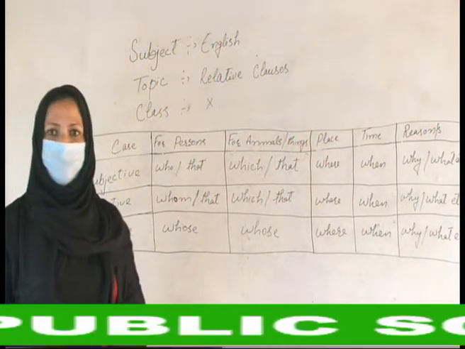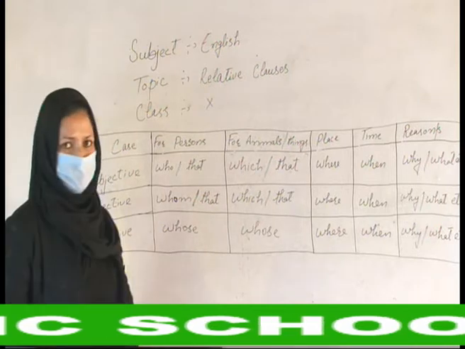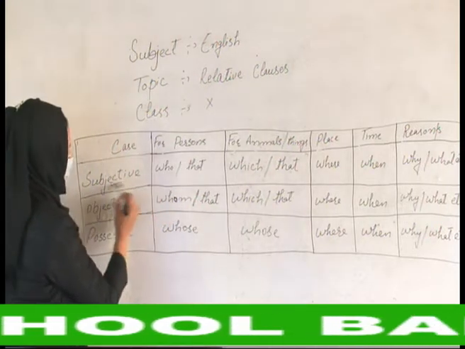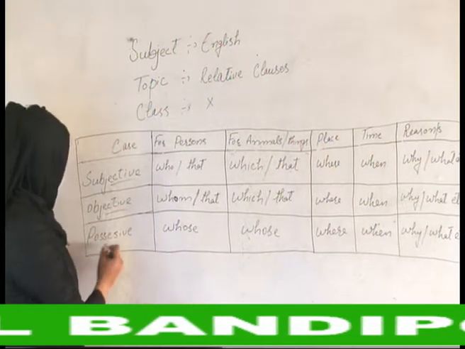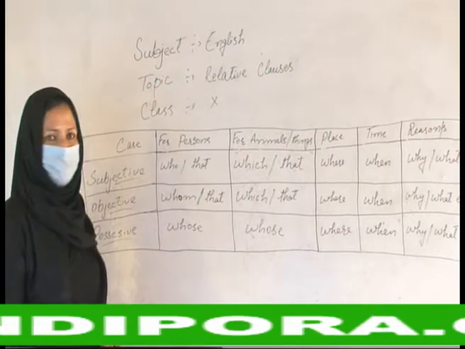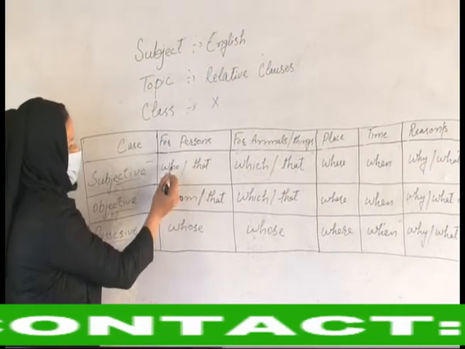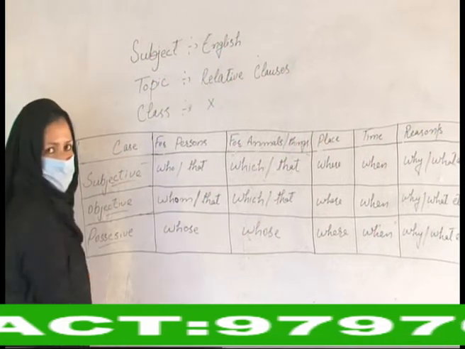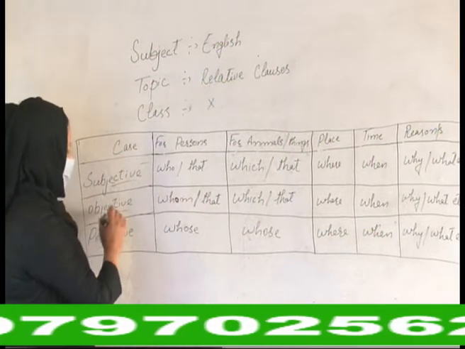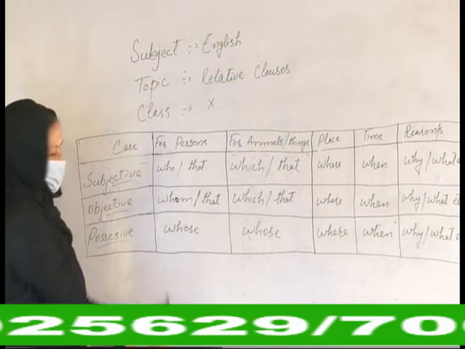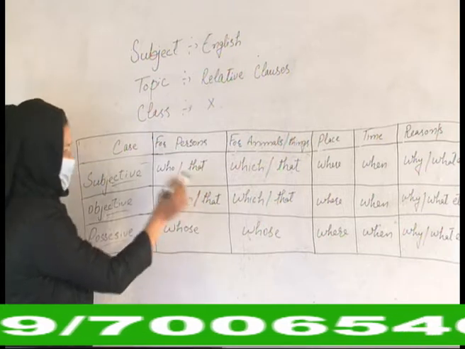We classify the relative pronouns into three cases, that is, the subjective case, the objective case, and the possessive case. Dear students, with the subjective case, for persons we use who and that. With the objective case, for persons we use whom and that.